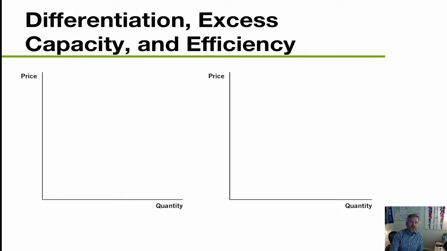All right. So this is just a little graph that helps drive home the idea of differentiation, excess capacity, and efficiency, and how those relate to one another. So here, firm A is a monopolistically competitive firm that has a lot of product differentiation, and firm B is monopolistically competitive, but has less product differentiation. All right.